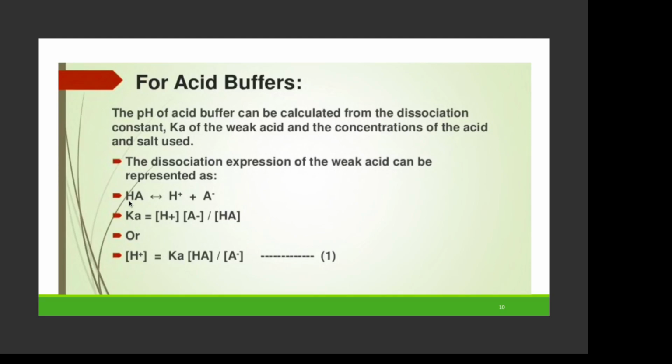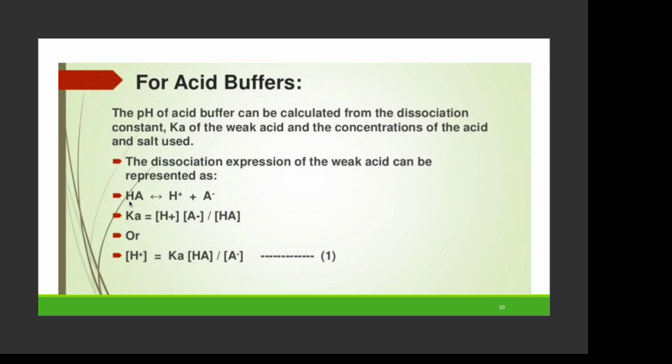Okay, we are multiplying this by this. So Ka times HA, and we can divide it by A. Clear? So then we can get the concentration of H plus equals Ka into HA divided by the concentration of A minus.